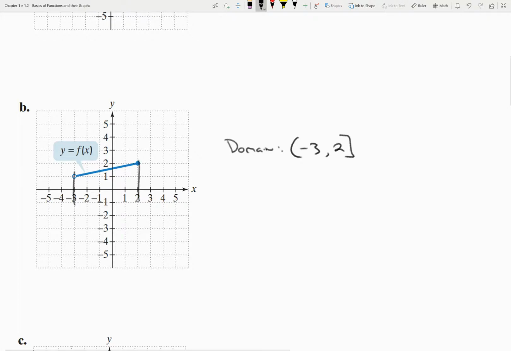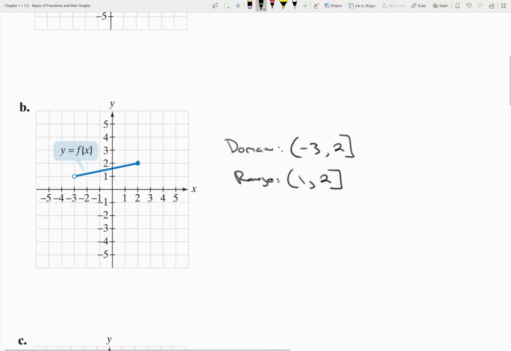Where does the function start? Where does the function stop? The range is the y values. So again, it's an open circle. It starts at 1 and goes up to 2. You can write the coordinates: this function starts at (-3, 1), and the function stops at (2, 2). That's a good way to look at it sometimes.